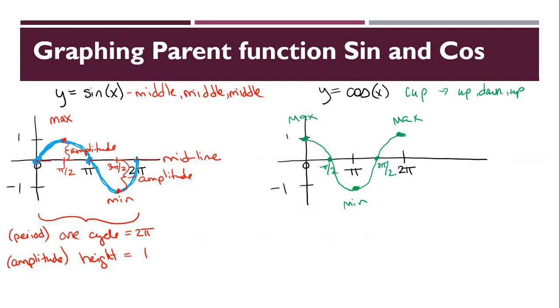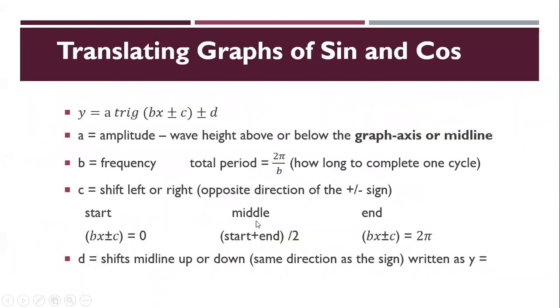So those are your parent functions, and now we're going to actually start translating those and move them around. So you're going to want to pause the video at this point and write all of this down. It's super important. I cannot reduce this slide any more than I already have, it's kind of everything consolidated into one. So pause and write it down.